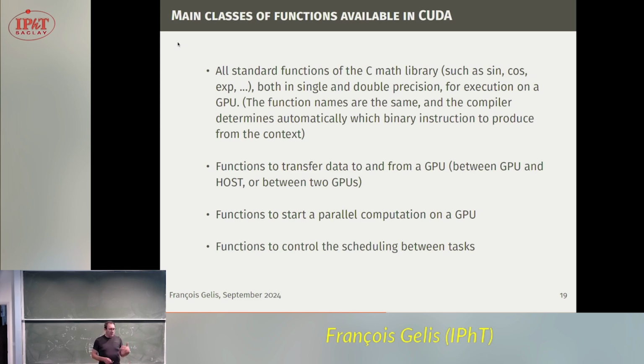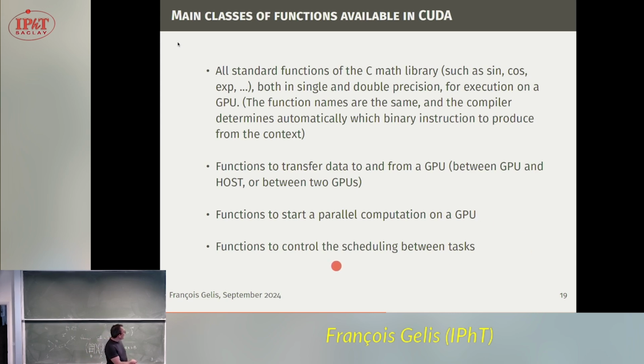If you are familiar with this, they are the analog of the functions malloc and memcpy. We will discuss that in detail in a later course. There are, of course, functions that will start a parallel computation on the GPU. So you instruct the GPU to do a certain parallel computation.